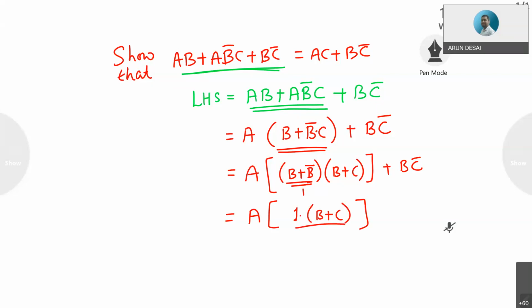That means this term only, plus B C complement. Now, A into B plus A into C plus B C complement.